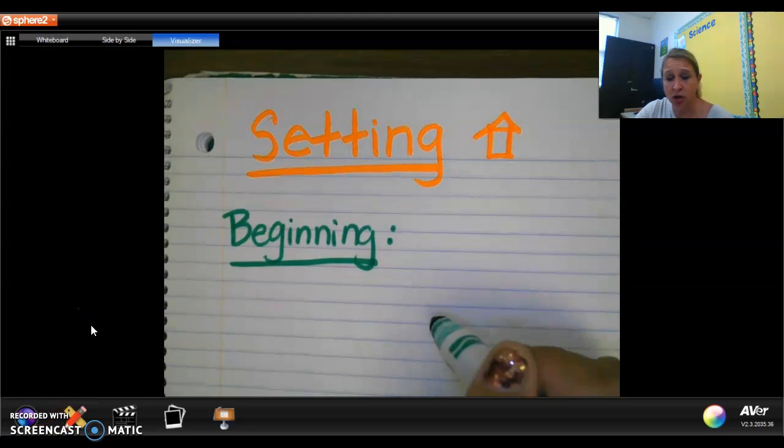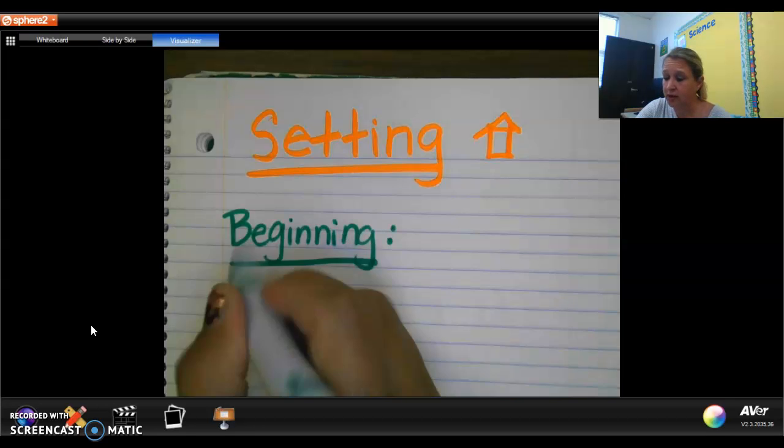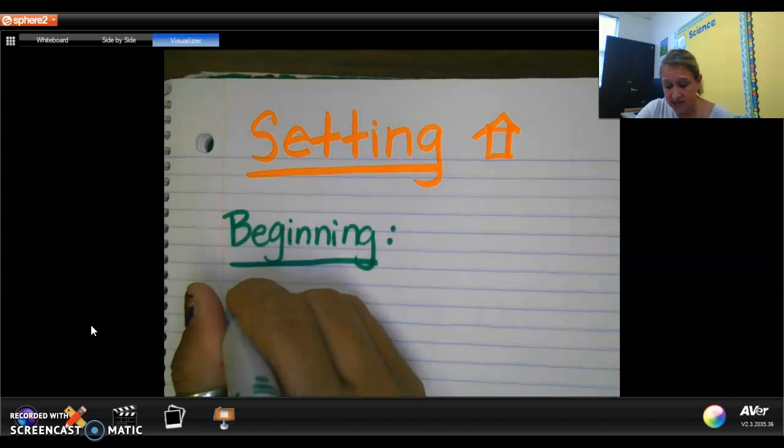Now you're going to draw a picture of where the children were at the beginning of the story. Then you're going to write this sentence stem.